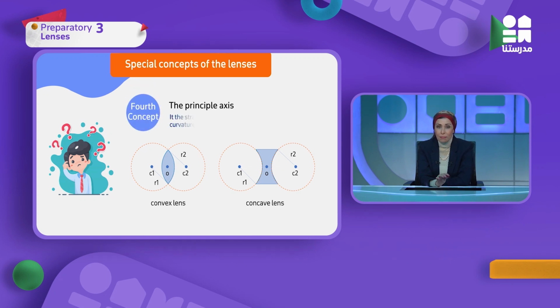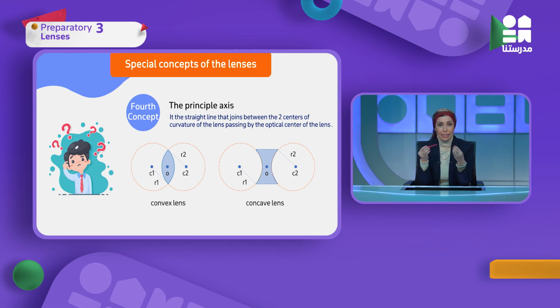I know it's more than one definition but they are very easy. If you recognize the shape you can get the definition easily. What's meant by principal axis? It's very easy, you knew it before. I said any principal axis is a straight line, but here there is a simple difference between it and the mirror. Here I have two centers of curvature.